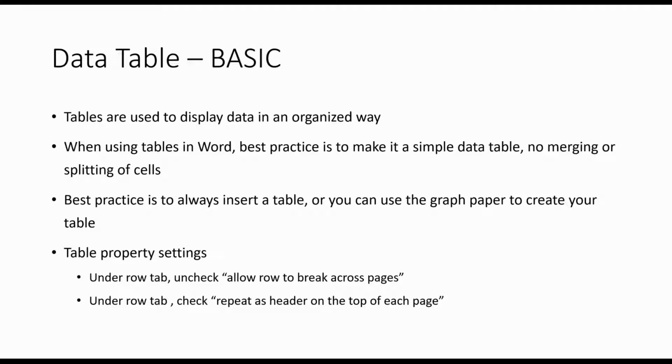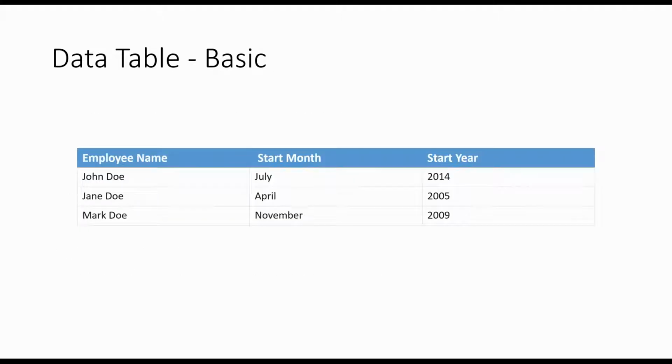In order to get into table properties, into the row tab, a couple of things to know when you're setting up a table, just to make it the most accessible it can be, is allow the row to break across pages and then repeat as the header on the top of each page. And I'll show you where these settings are here in just a moment. But what we have here is a basic data table.